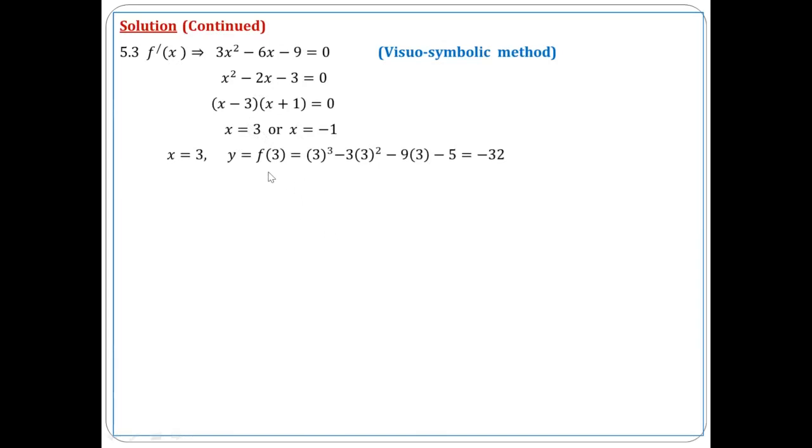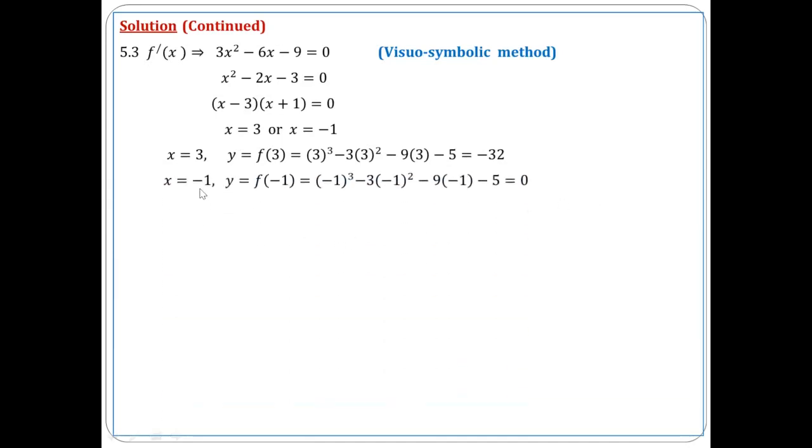Our function is f of x is x cubed minus 3x squared minus 9x minus 5. So when x is equal to 3, we'll get our value of y to be equal to f of 3, which is 3 cubed minus 3 times 3 squared minus 9 times 3 minus 5, which is equal to minus 32.